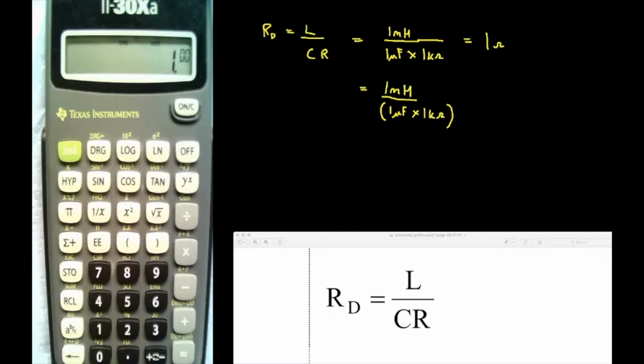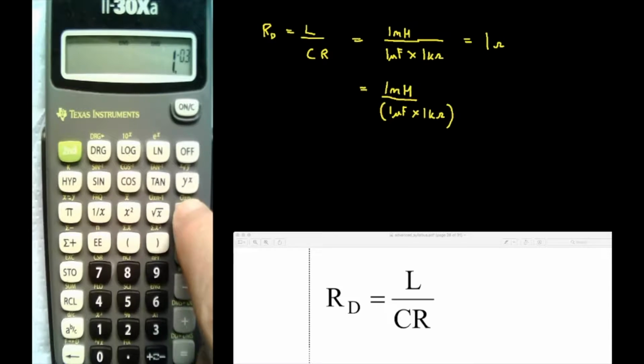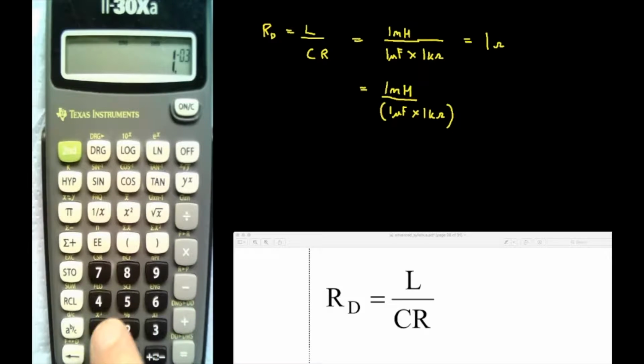And if you're not confused already, here's another way of doing it. I almost hesitate to do it this way, but you can say 1 EE3, change sign, that's 1 millihenry, divided by 1 microfarad, 1 EE6, change sign, and then say equals, and then divide it again by 1 kiloohm.